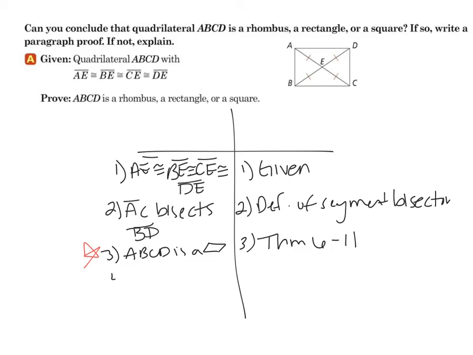Once we say that it's a parallelogram, we can say that AE is equal to BE and CE and DE by the definition of congruent segments.